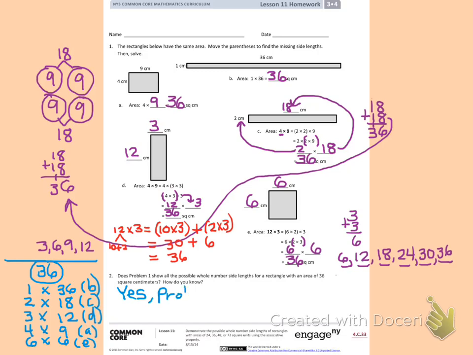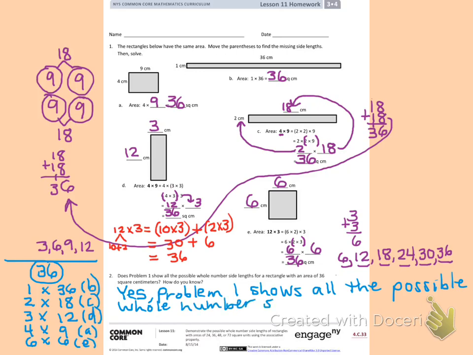Problem 1 shows all the possible whole number side lengths for an area of 36 square, SQ stands for square, centimeters is cm.